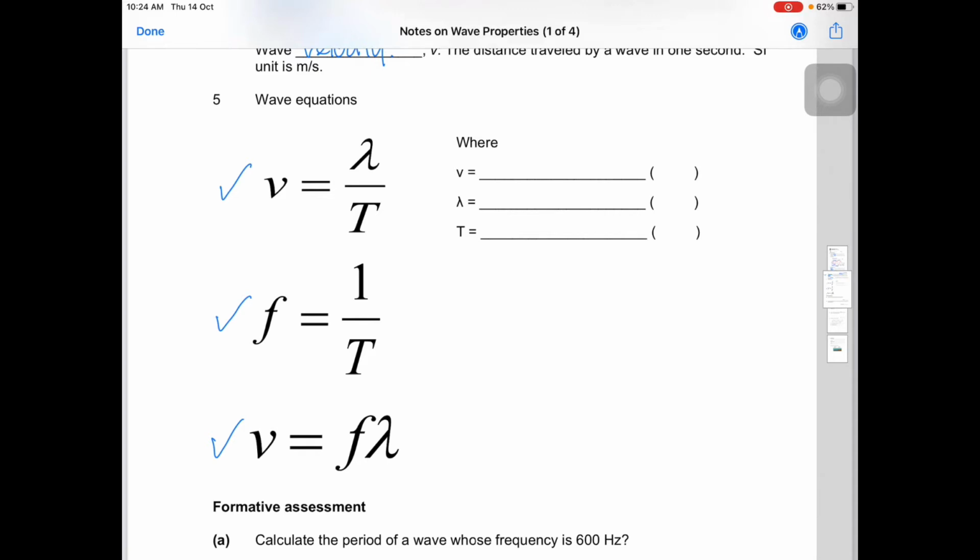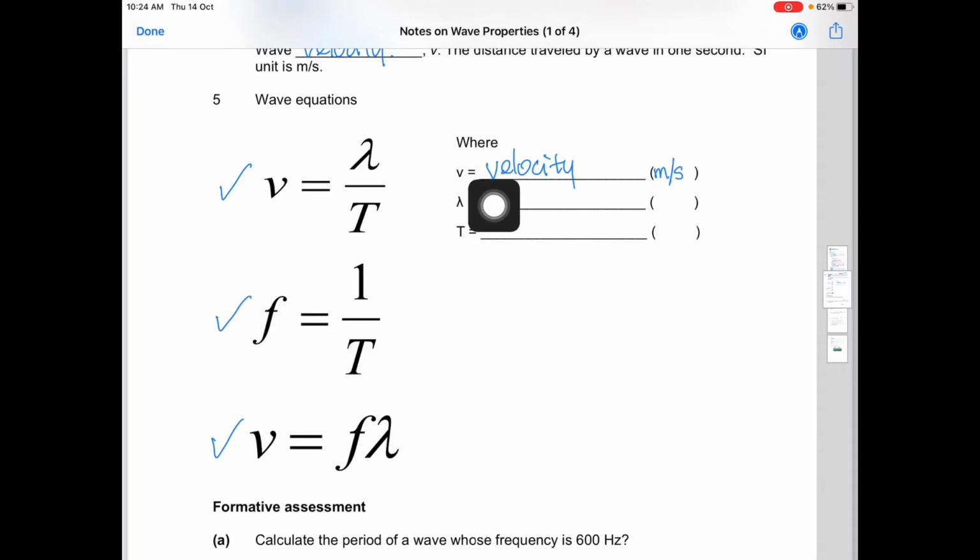Now, we've already gone through what these 3 symbols stand for. Right now, try to say it before I say it. So, try your best. V stands for velocity. I hope you got that right. And the units for velocity, say it, meters per second.